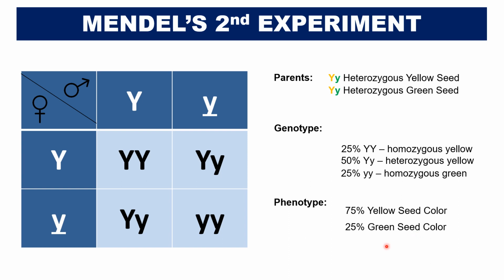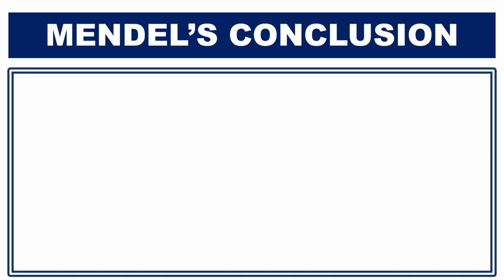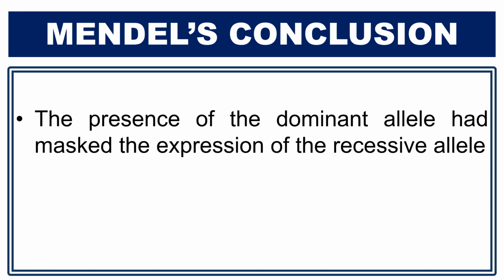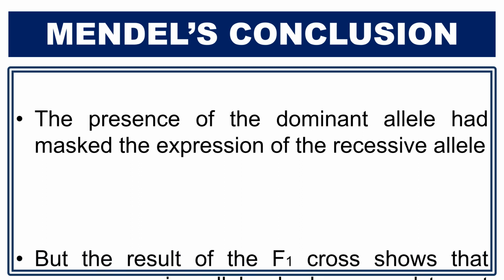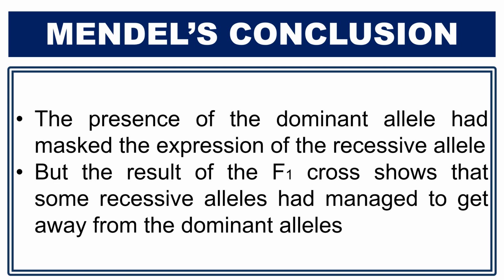After the second experiment, Mendel made the following conclusions. The presence of the dominant allele had masked the expression of the recessive allele, but the result of the F1 cross shows that some recessive alleles had managed to get away from the dominant alleles.